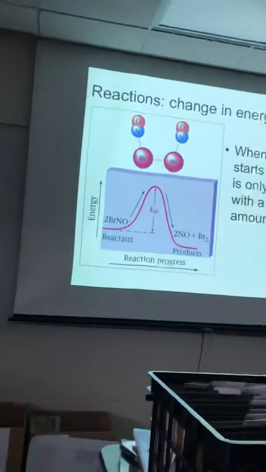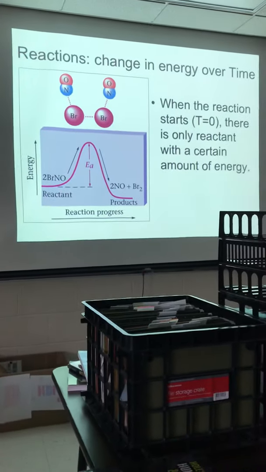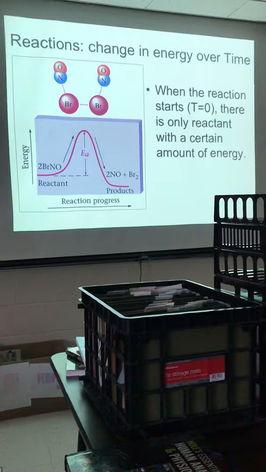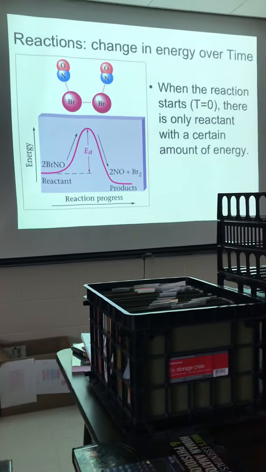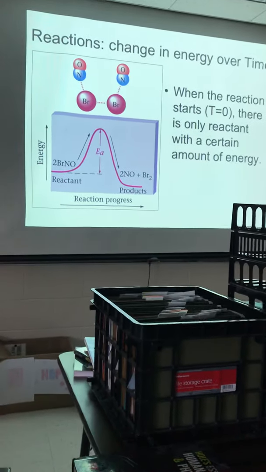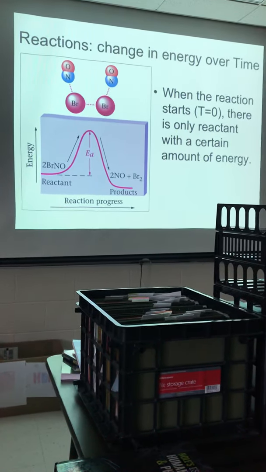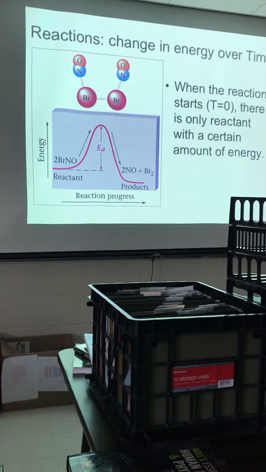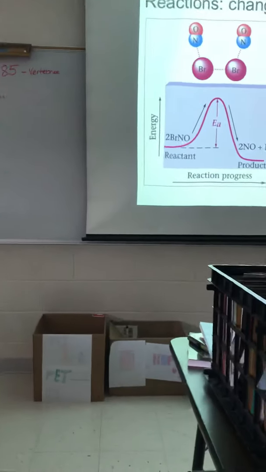Okay? And so over time, that changes. If you start at time 0, you only have reactants, right? So at the beginning, right here, we only have reactants with a certain amount of energy.